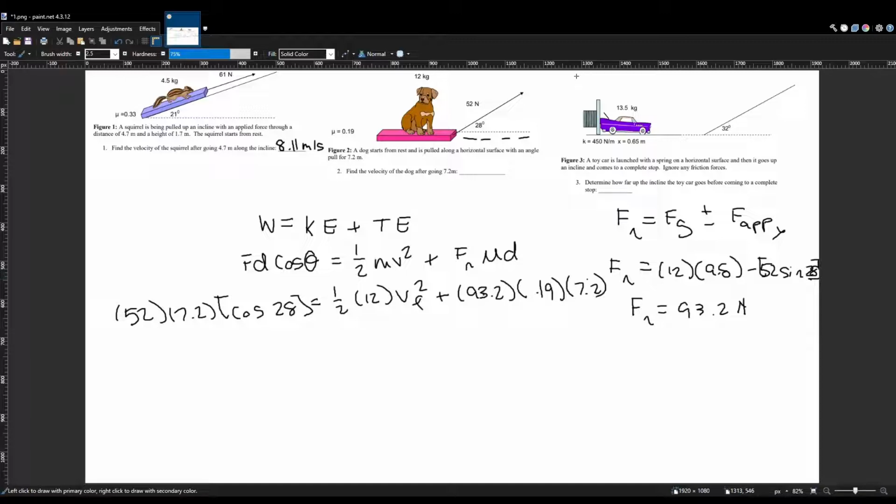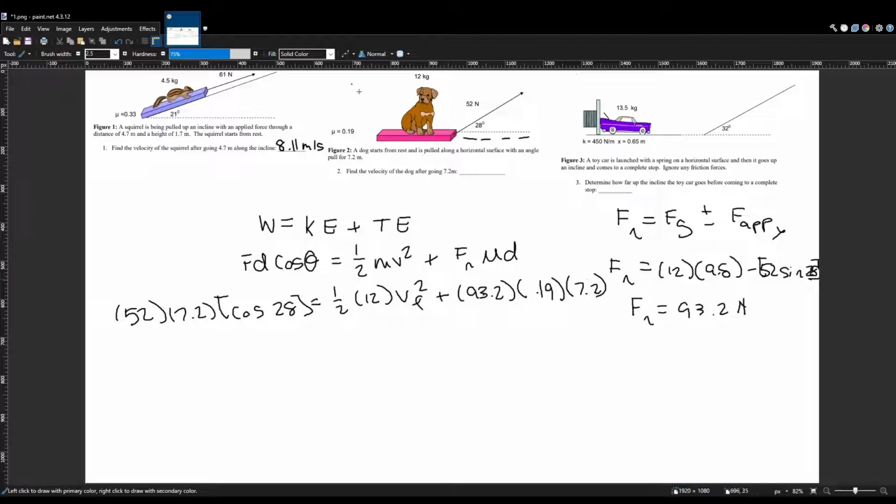When I solve this in my calculator, 52 times 7.2 times the cosine of 28 is going to be equal to 1/2 times 12 times velocity squared, plus 93.2, because that's our force normal, times 0.19 times 7.2.